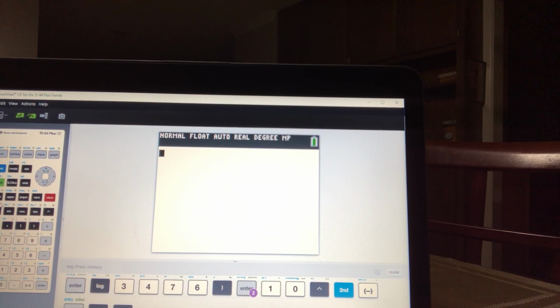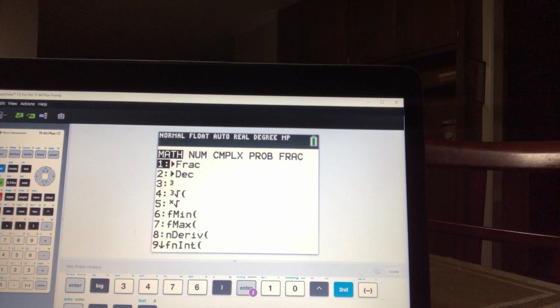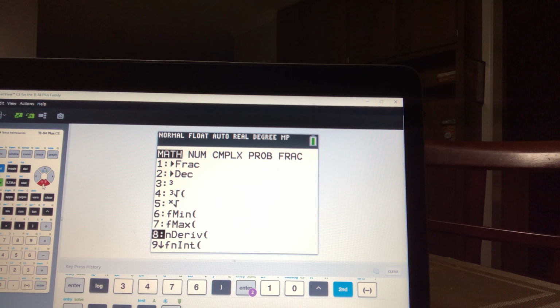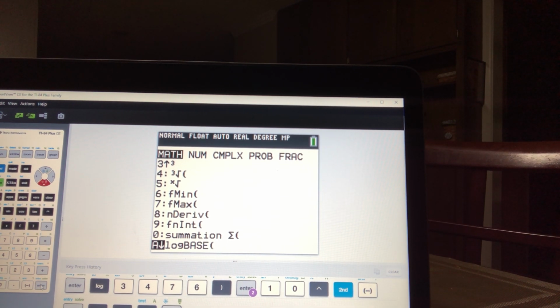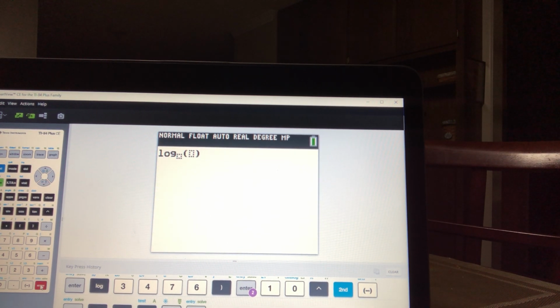So if you know your calculator has been like mine all year, this is what you'll do. You'll go to math. You want to arrow all the way down, even past all the stuff that you see. There's still more things down there. So it would look like this, log base. If your calculator has that, go ahead and use it. So if you press enter, you'll see that it brings up this log, and you can just fill in the numbers.